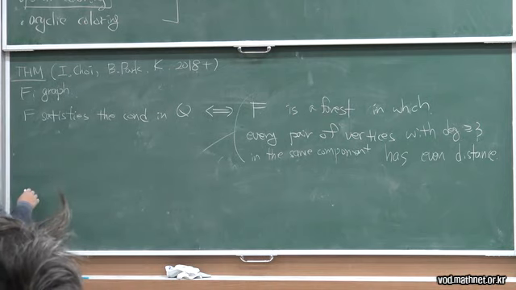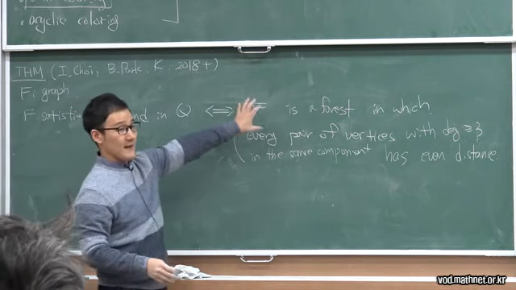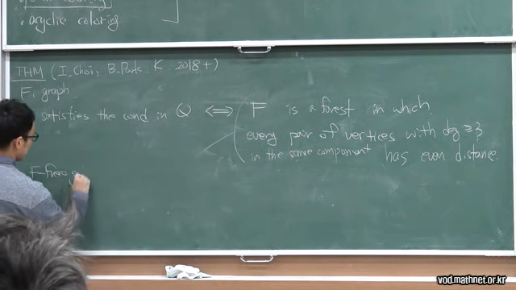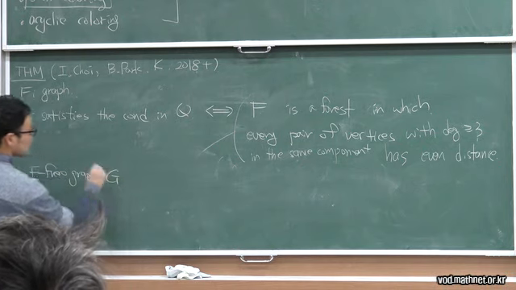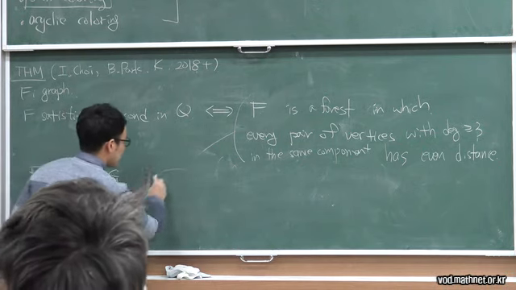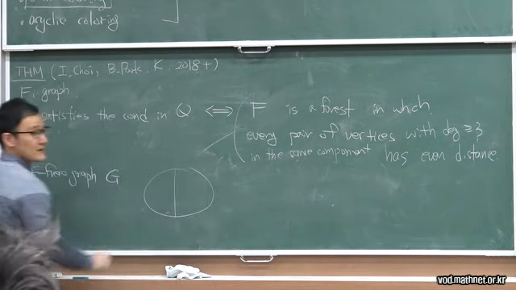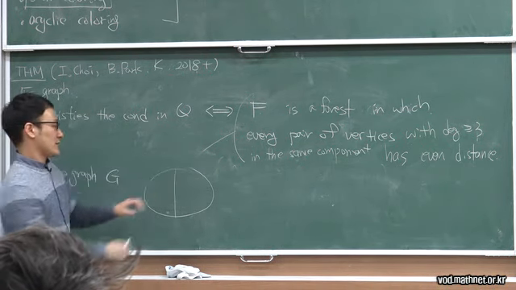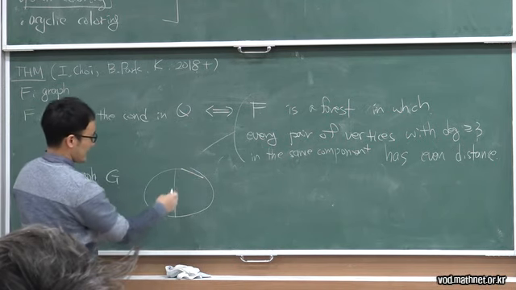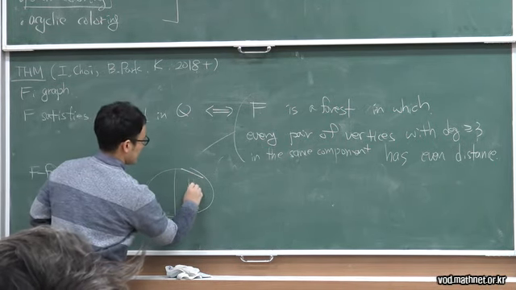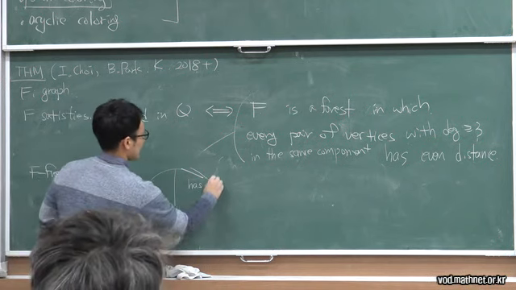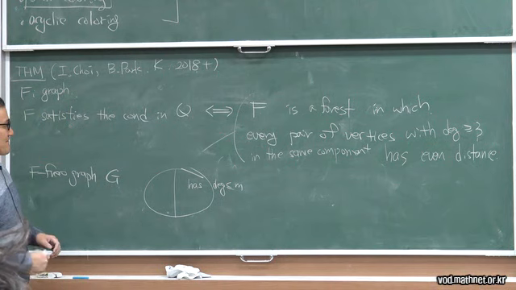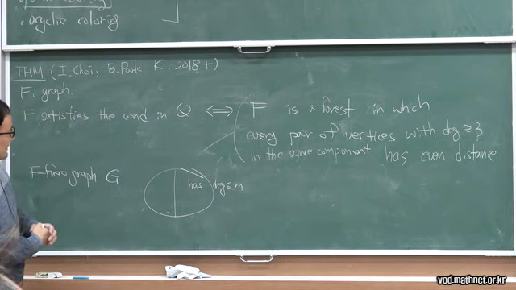Just consider, for this F, an F-free graph G. We are going to partition V(G) into two sets. One set has small maximum degree, so every vertex here has small degree, say at most M. I don't remember exactly what M is.